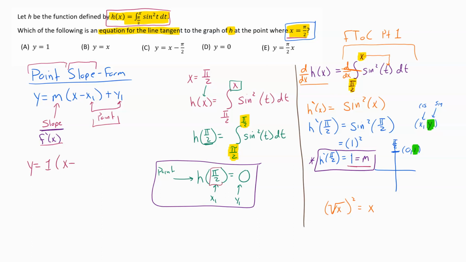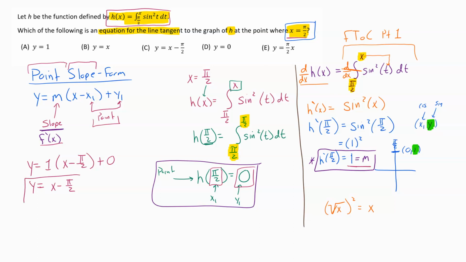So our x value that they gave us, that was our pi over 2. And then plus y1, our y1 value was 0. And so cleaning that up, 1 times anything just gives us itself. So this would be x minus pi over 2, and then plus 0 just leaves it as it is.